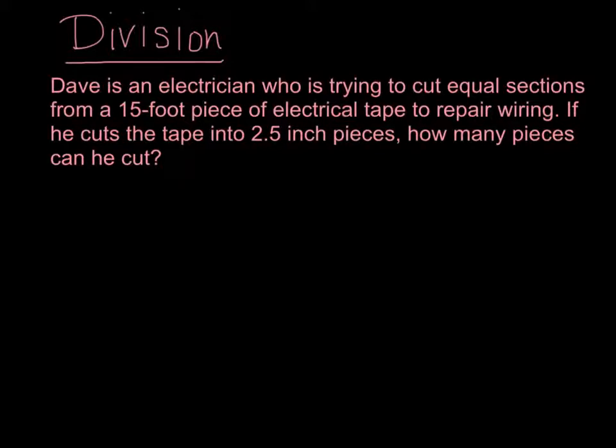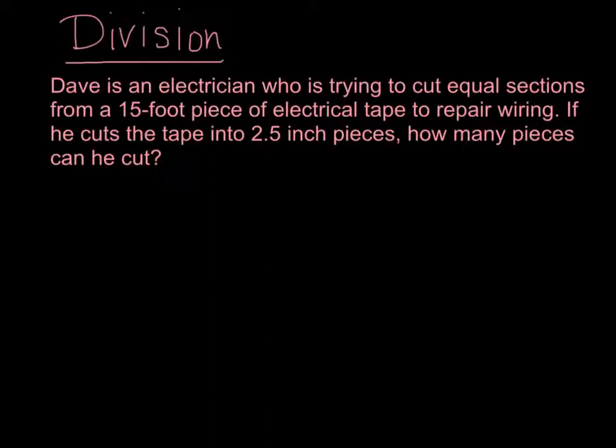Our last operation is division. Division is like multiplication because you're still dealing with groups of something. You're still dealing with equal amounts. So the main difference between multiplication and division is where you are starting with a total and you're breaking it up into smaller equal pieces.